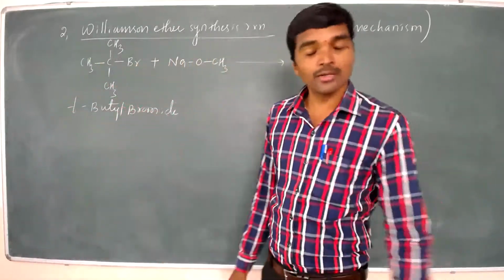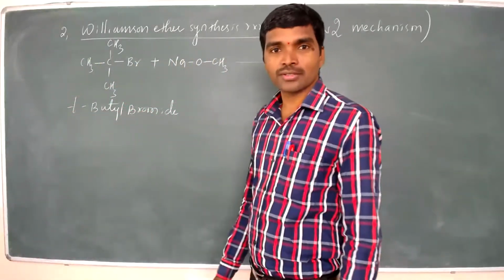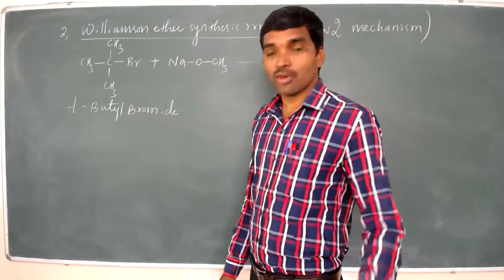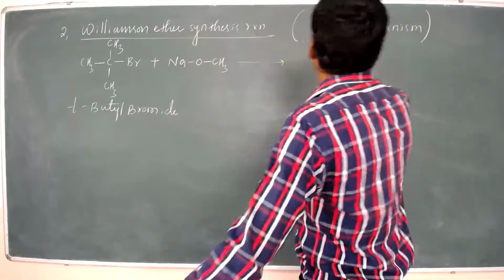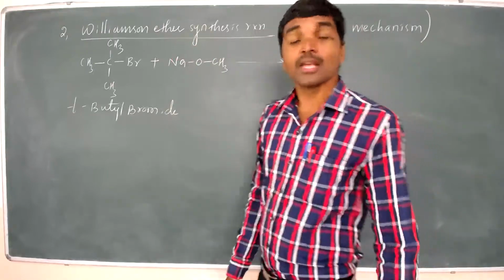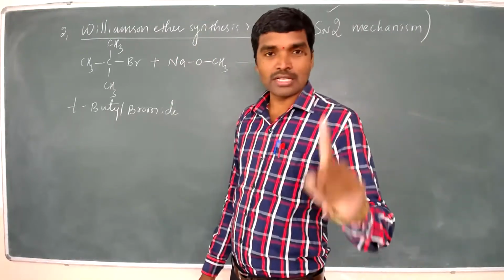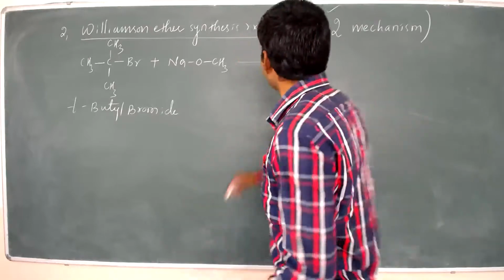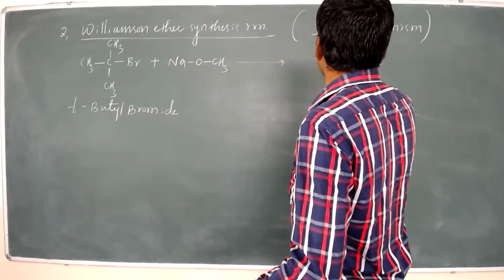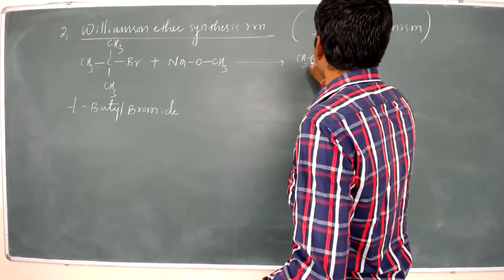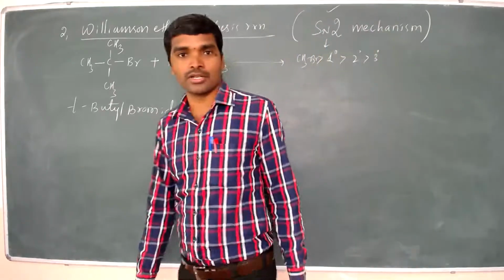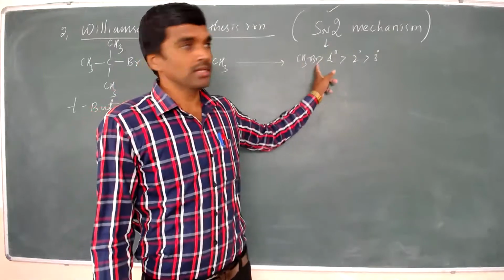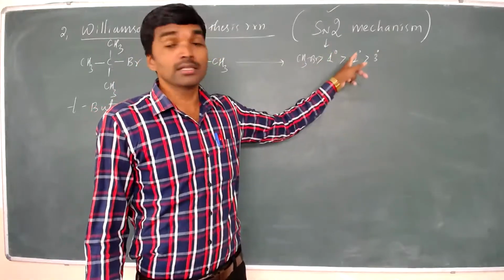Already I told you it does not. Why? Because Williamson ether synthesis reaction follows the SN2 mechanism only. According to SN2 mechanism, the reactivity order of alkyl halides is methyl greater than primary greater than secondary greater than tertiary.